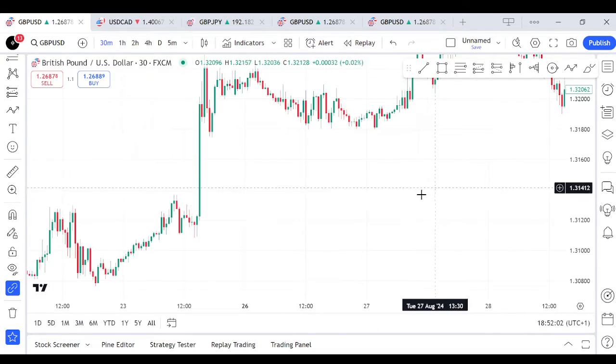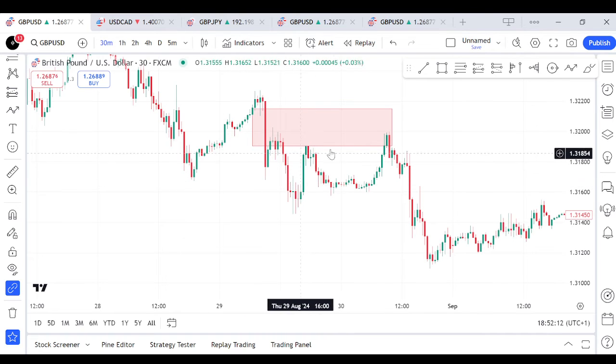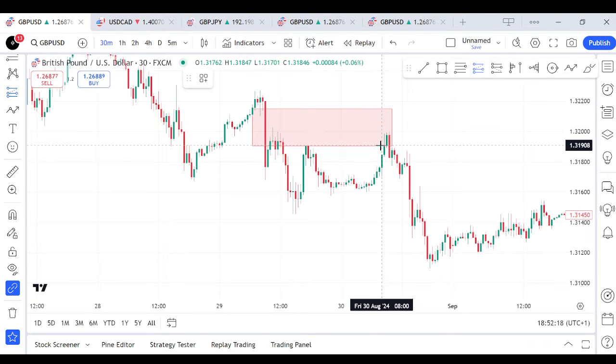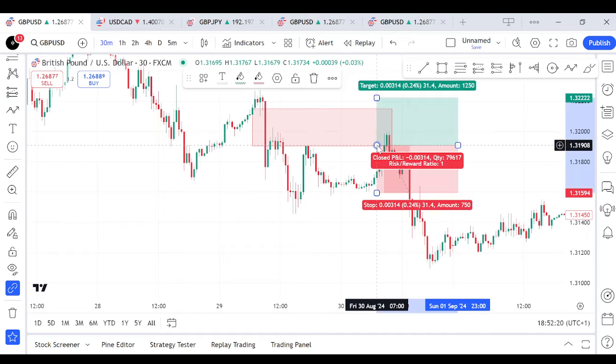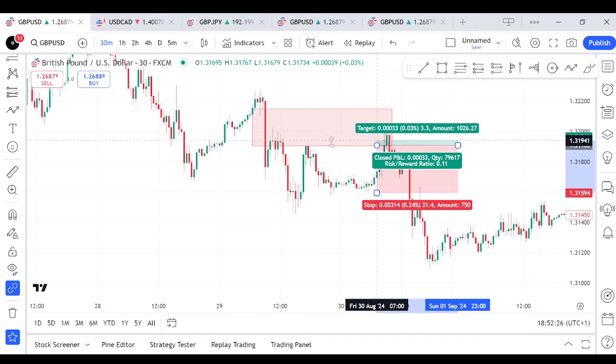Let's talk about the bearish fair value gaps. For the bearish fair value gap, you wait for price to climb back into that zone, into the gap area, and your entry should be at the lower portion of the gap.